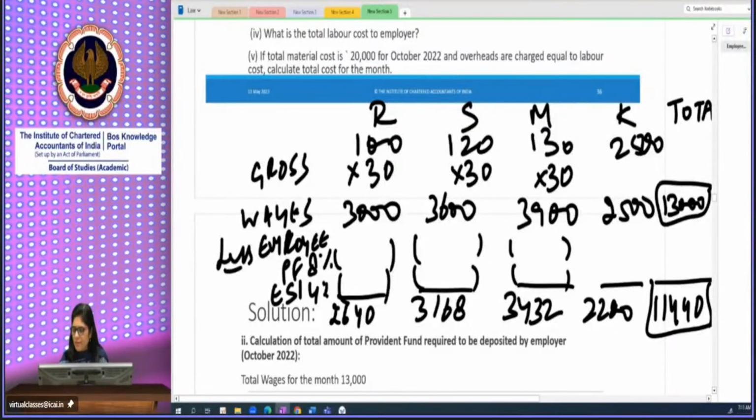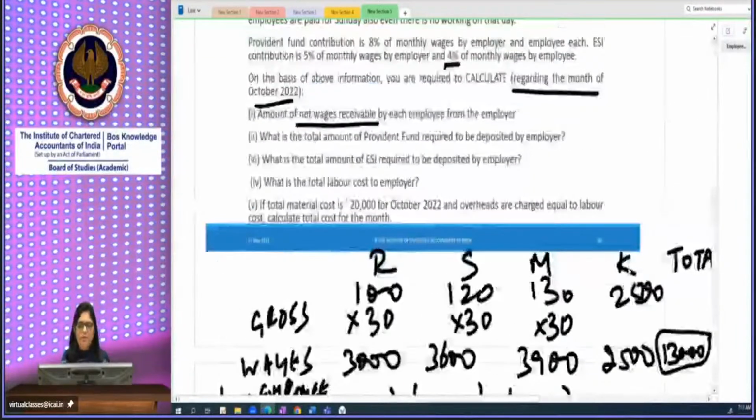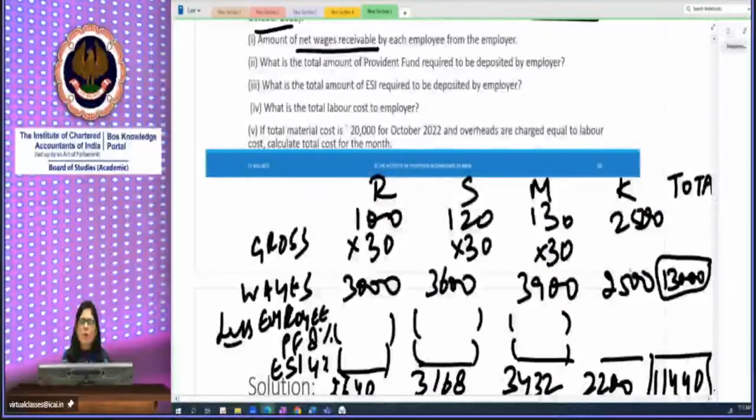Let me briefly explain for all those who must have missed the last session. Whenever we calculate the net earnings received by the employee, we always deduct the employee contribution. But whenever we calculate the cost to the employer, the employee cost, there we add the employer contribution.